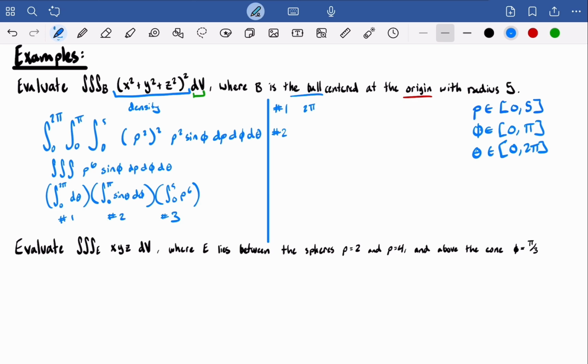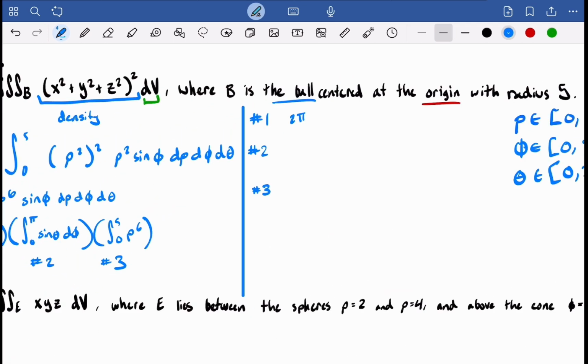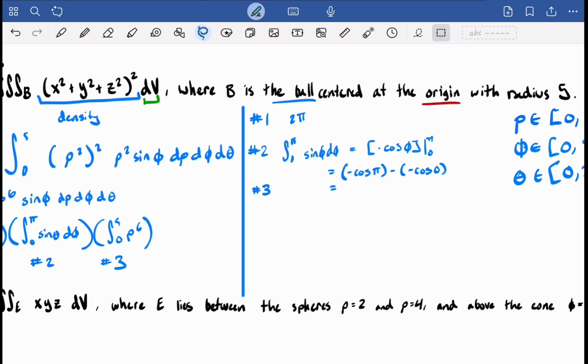Number 2, we can evaluate the integral from pi to 0 of sine phi d phi. Well, the cosine of phi would be the derivative. Actually, we need negative cosine of phi from pi to 0, which equals negative cosine of pi minus negative cosine of 0.